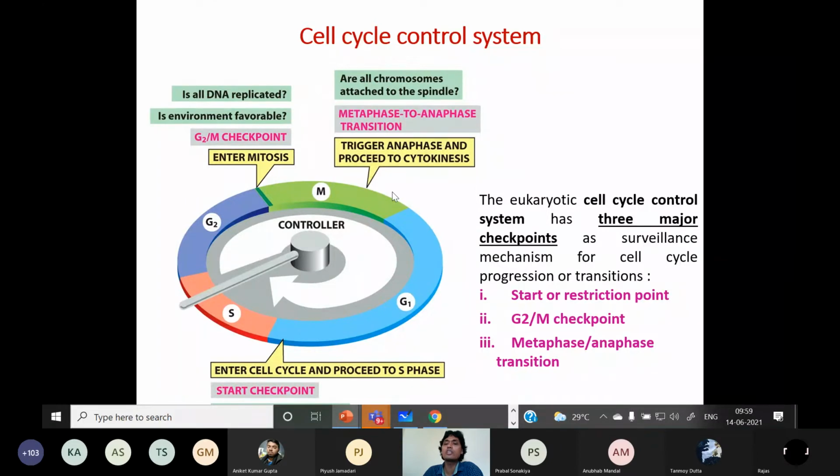Those are called major checkpoints, where cells are properly checked whether they are fine or not. If not, then that cell shouldn't divide again. Rather, it should be destroyed by programmed cell death or by another mechanism. So those things are very important.